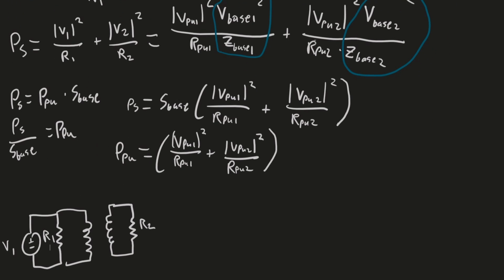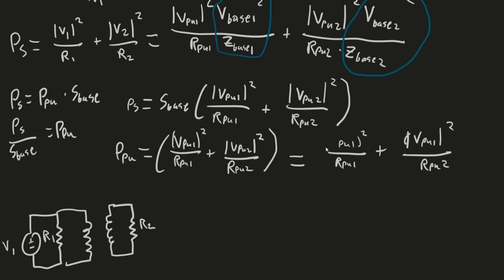What this means is that we can make some further simplifications to our power expression. We can write that this is equal to V per unit 1 squared over R per unit 1 plus another V per unit 1 squared over R per unit 2.